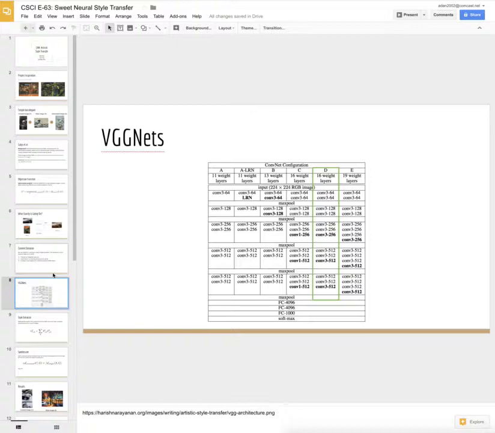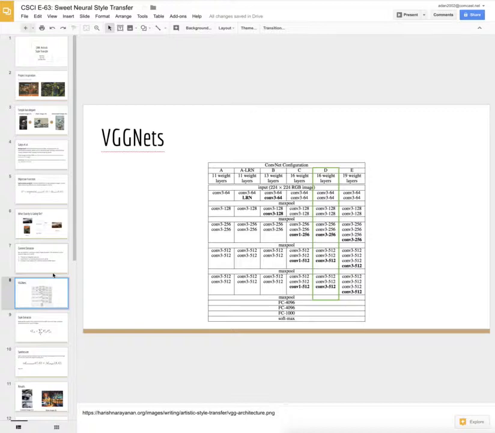And so taking a look at the VGG nets, there are multiple configurations in various steps going from 11 layers to 19. The one in column E was what was originally used, and then the Johnson et al. group used the one highlighted in D. And so these VGG nets are specifically used to tackle problems in computer vision, so as you can imagine, they have a softmax layer that outputs different class probabilities for a given image.